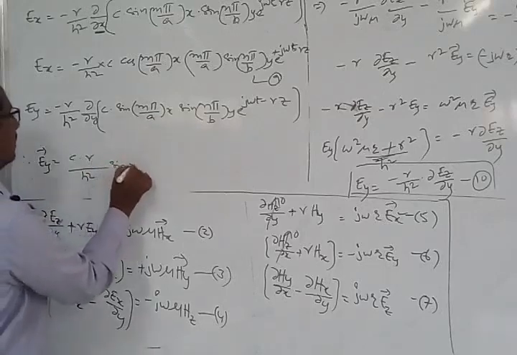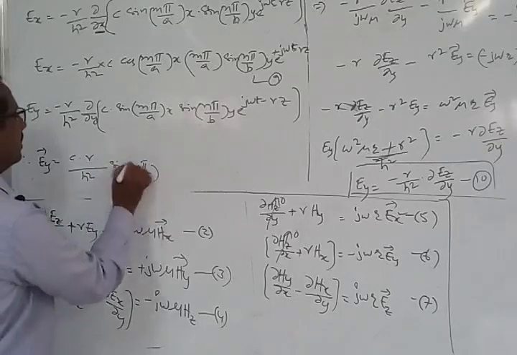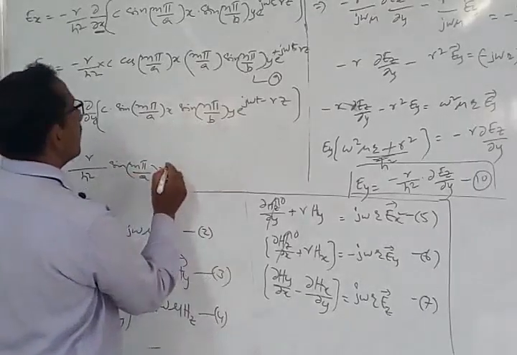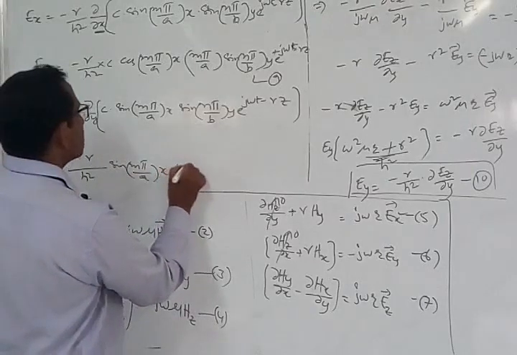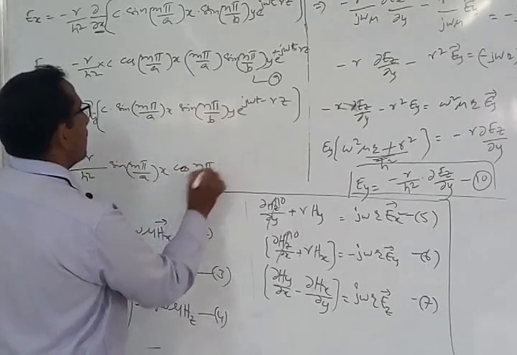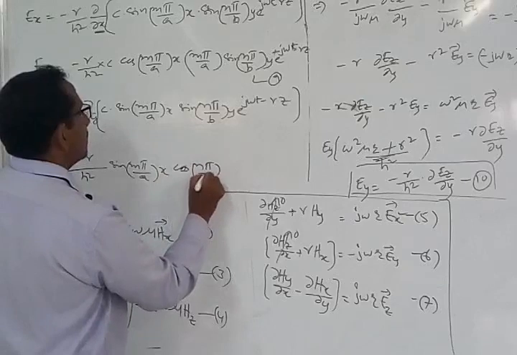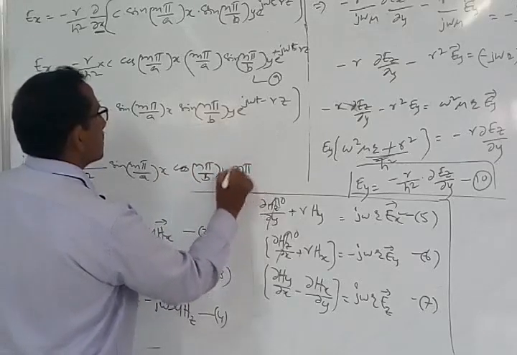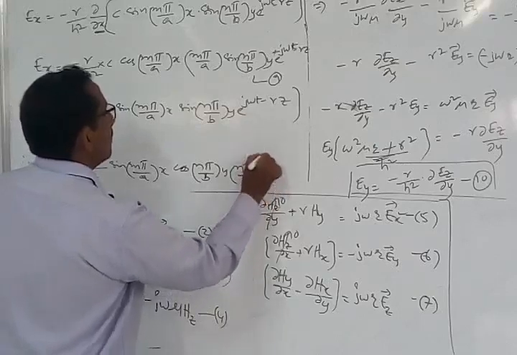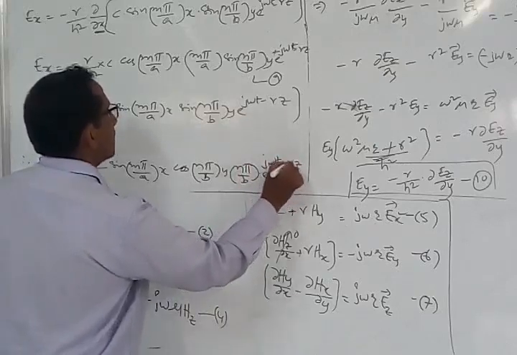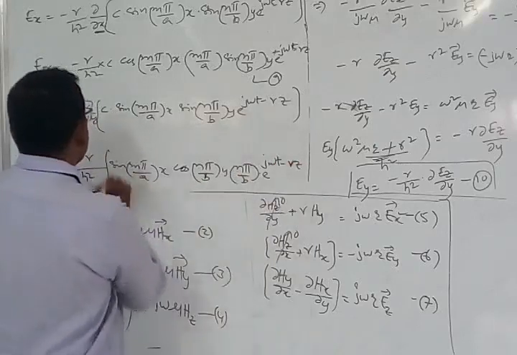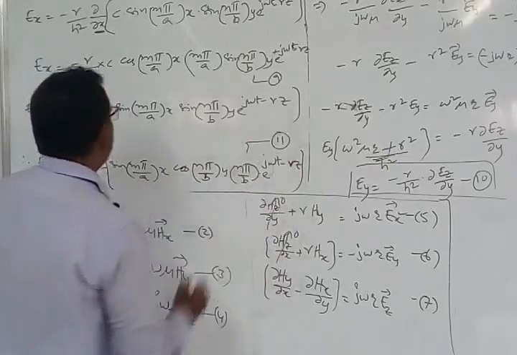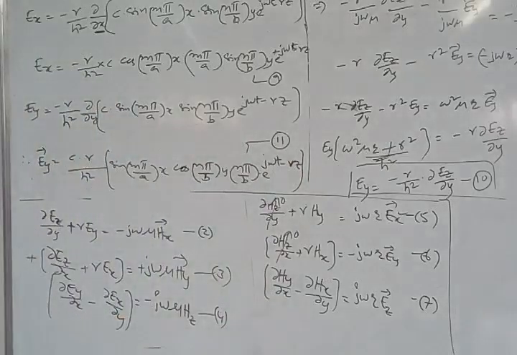So sin m pi by a into x remains as it is. Then here this factor is going to be cos n pi by b into y, and this n pi by b will be coming out, into e power j omega t minus gamma z. So that's the equation that I will be getting. So I can call this as equation number, say some 11. So this is the equation for Ey.